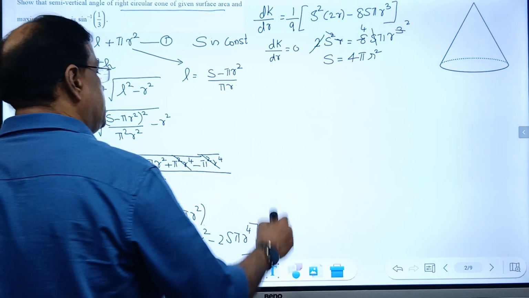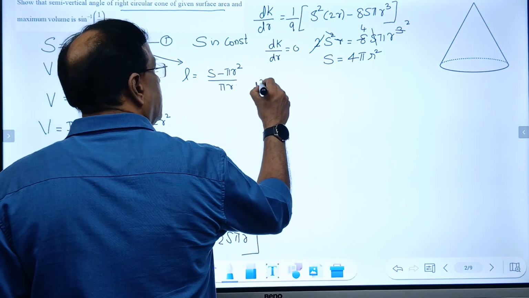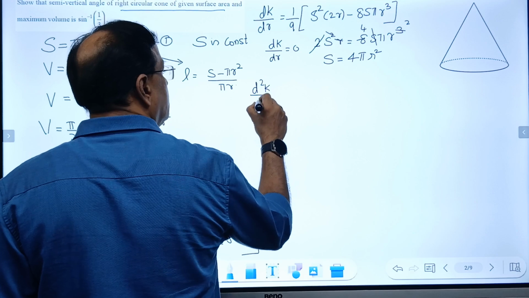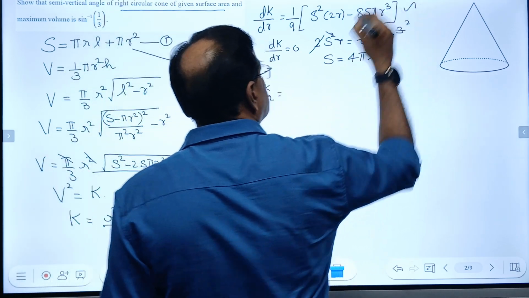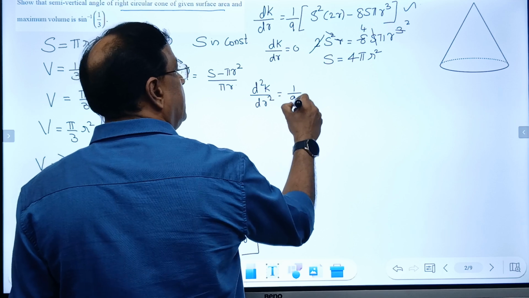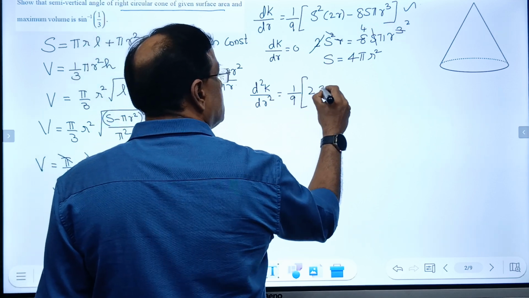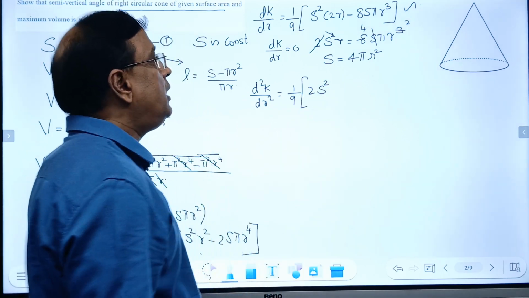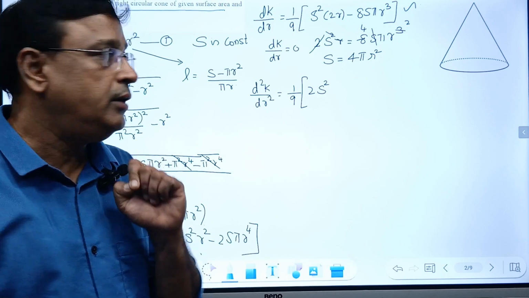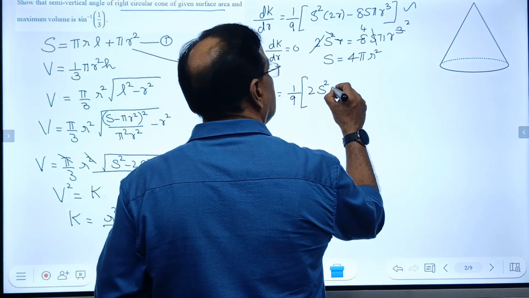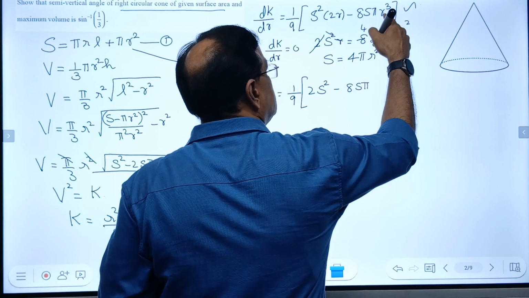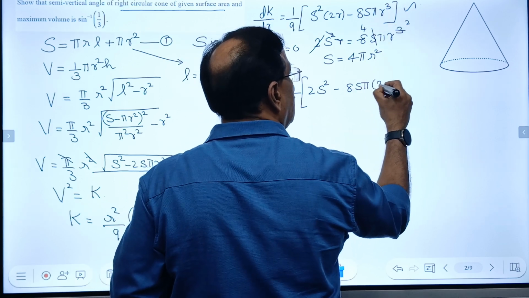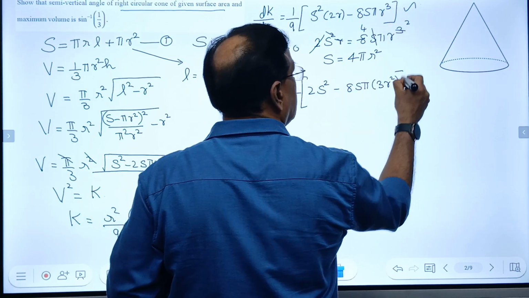Now I want to do second derivative, d square K by dr square, to establish maxima or minima. So I am going to differentiate this. 1 by 9 into 2S square is a constant and differentiation of r is 1, minus 8S pi, differentiation of r cube will be 3r square.